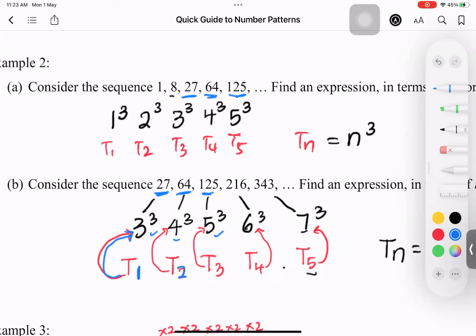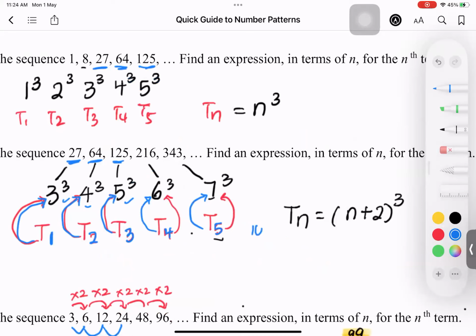Term 2, the number over here is 4. Term 3, the number is 5. Term 4, the number is 6. So if I give you the 5th term, the number over here is 7 cube. So if I give you the 100th term, what will be this number over here?